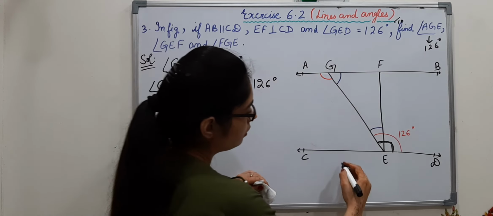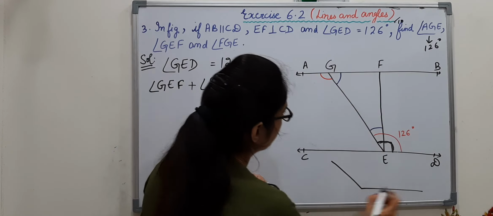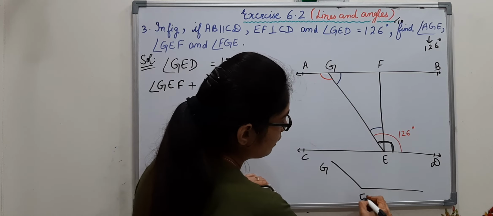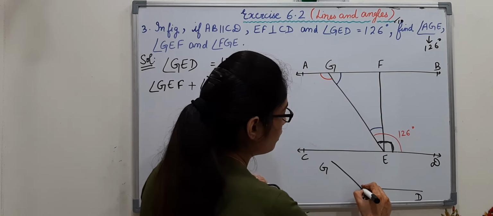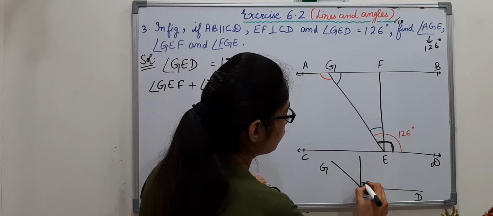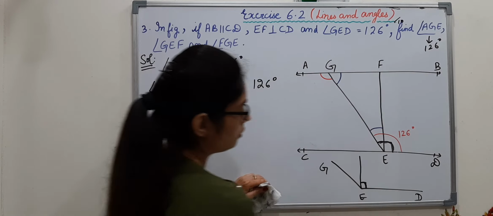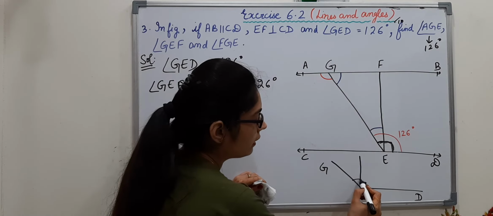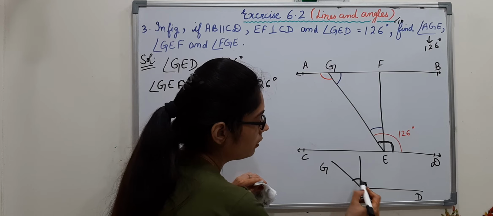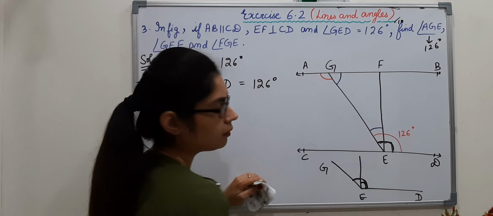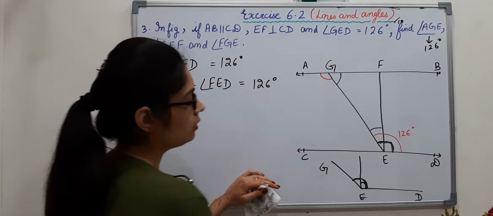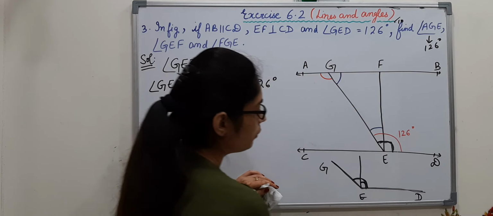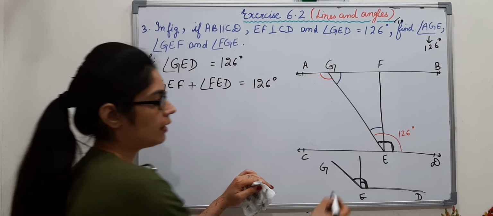See, this angle GED is given to us. So here is one perpendicular, it's given to us. If we add these two angles, this one and this one, we will get this complete angle. So that's what we have done. We have broken it down into its two angles.